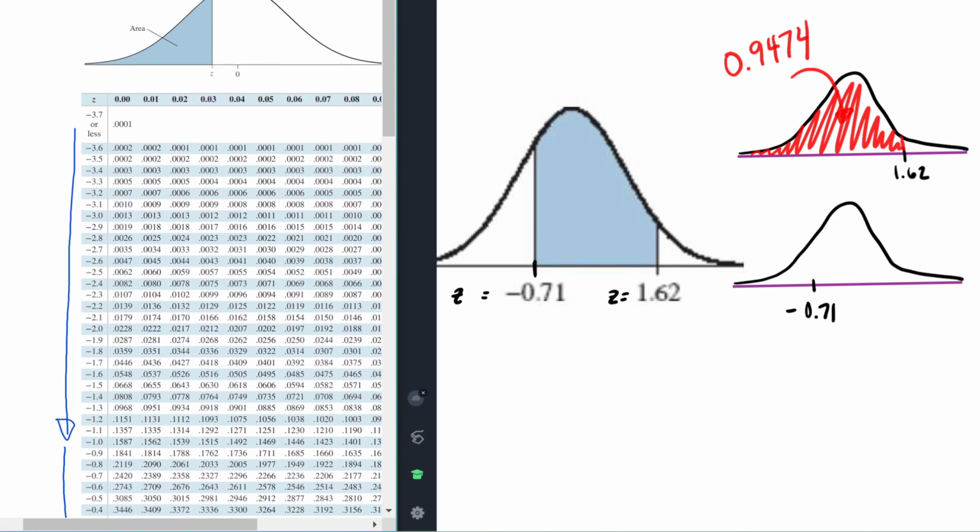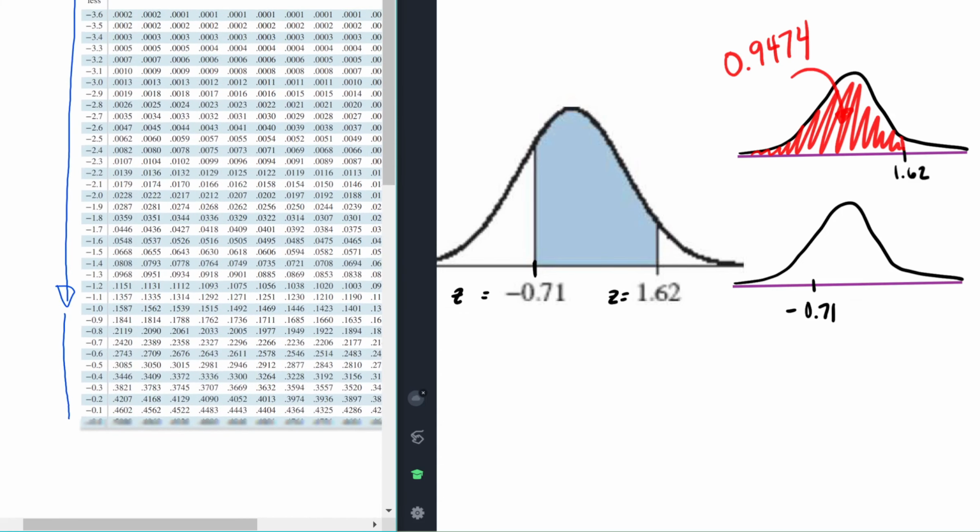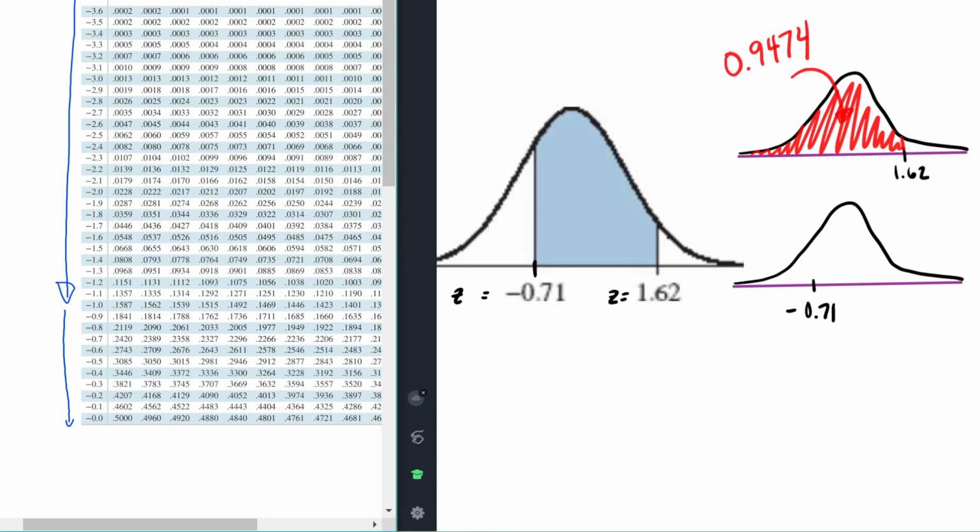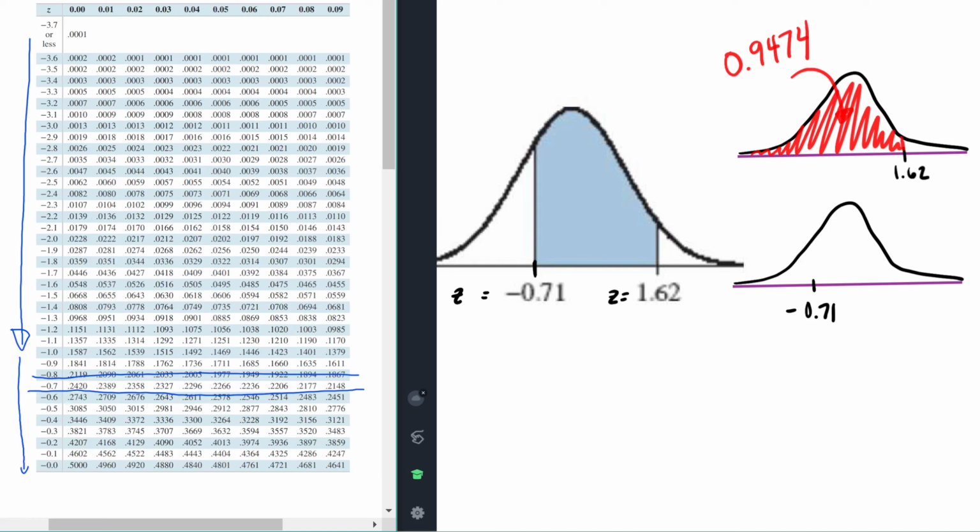I'm going to look for the row of negative 0.7. Okay. And I've highlighted all the values that start with negative 0.7. Now specifically I want negative 0.71. We find that by finding the 0.01 column. And where these both intersect, that's our exact value.